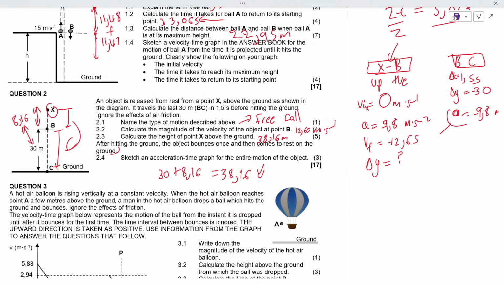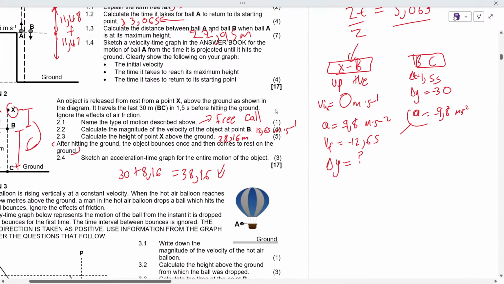I missed important information to write an acceleration time graph. So there's a bounce there. An acceleration time graph is simple but also complicated.